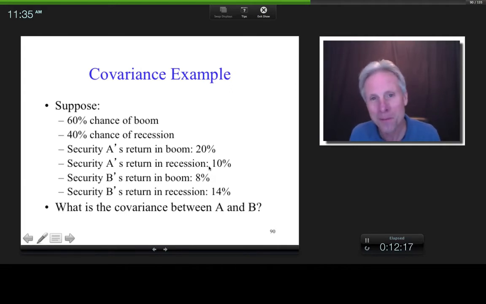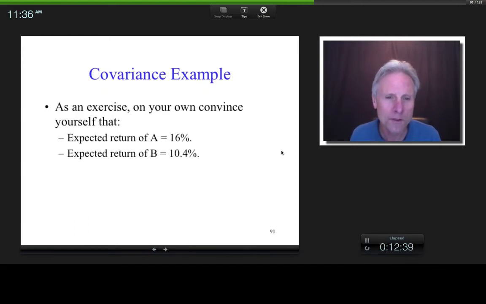I'm happy to do it for you, but it's for your own benefit that you figure it out on your own. And then right here, with this information, 60 and 40, and with B, 8 and 14, could I calculate B's expected return? I could, right? And the question is, what is the covariance between A and B? So on your own, convince yourself that the expected return of A is 16 and of B is 10.4.